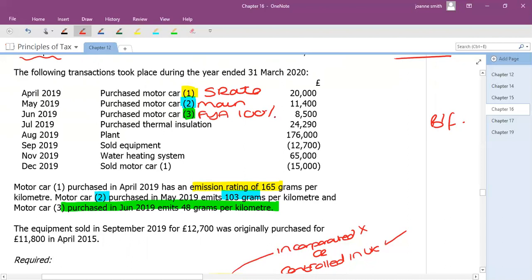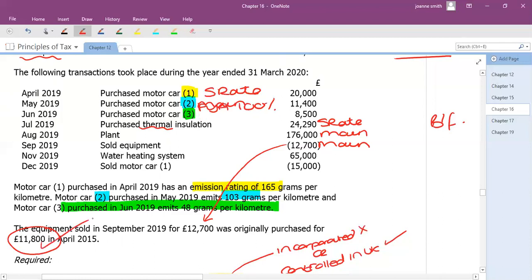Now, out of the other assets then, we've got something for thermal insulation. So that will also be special rates. We've got some plant going in the main pool. We've got some equipment coming out of the main pool. And there is a note down here saying this equipment that we sold was originally bought for 11,800.